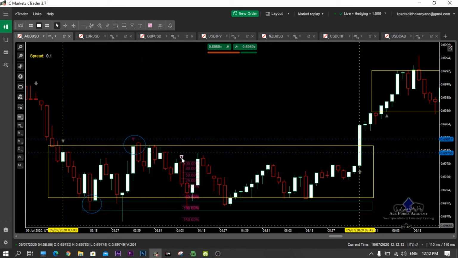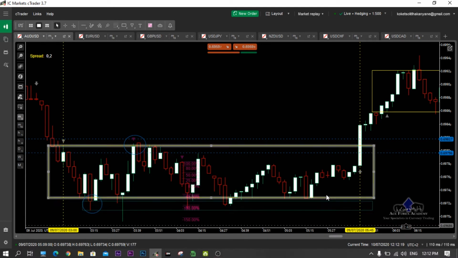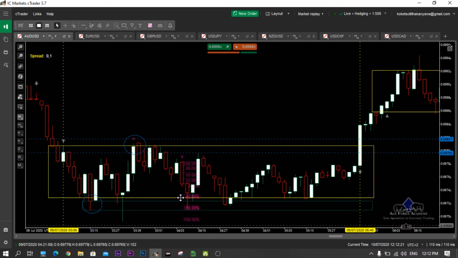Entering right on this sell opportunity on the close of our confirmation candle, we can see that our swing point, which gave us our support zone, was sitting right at the 100% TP.